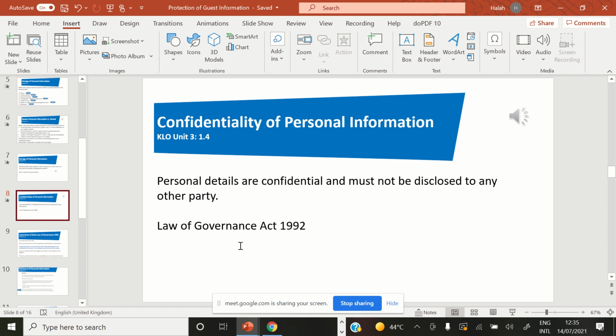Confidential means no one has the right, either from the employees of the hotels or anyone, to release your information to other parties unless they are government authorities. All the information of the people must not be disclosed to any other parties.